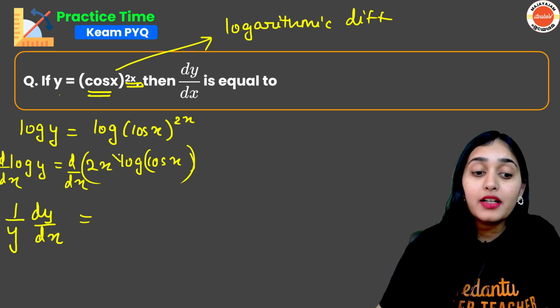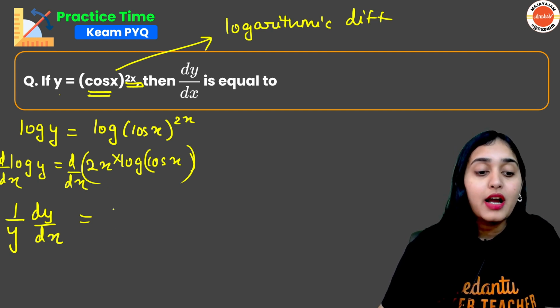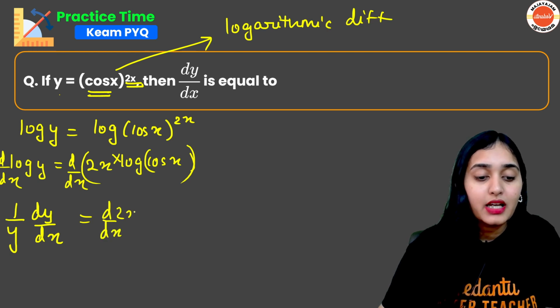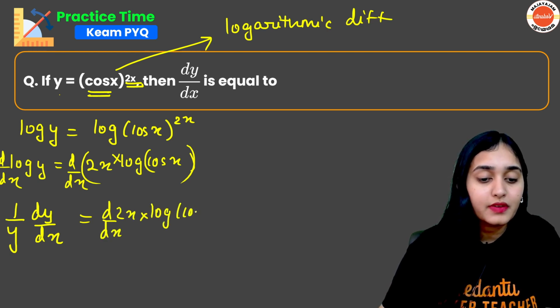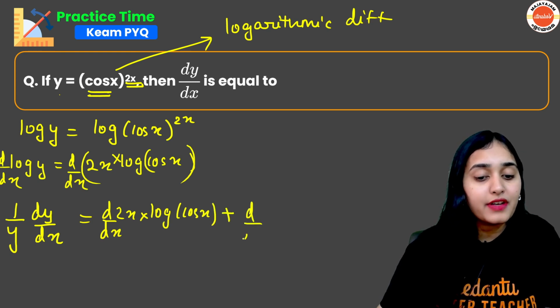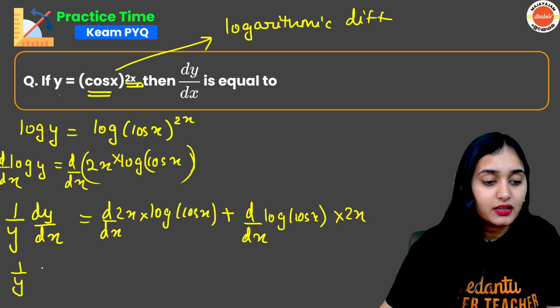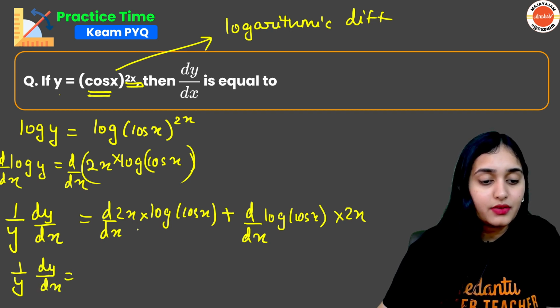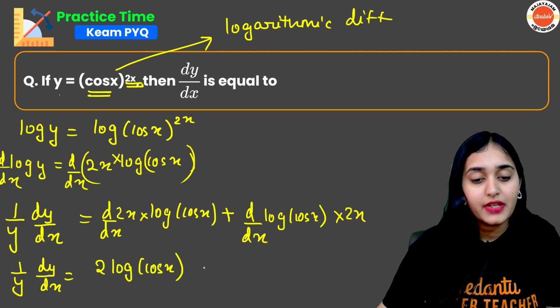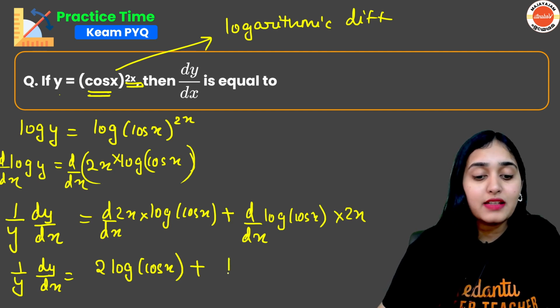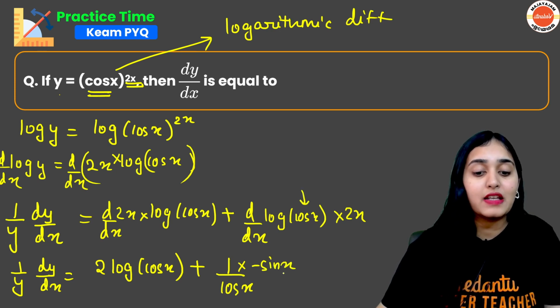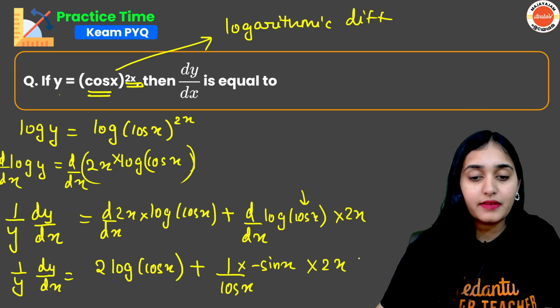Now this is the product rule. How do you apply the product rule? 2x differentiation multiplied with log cos x, plus log cos x differentiation multiplied with 2x. So you get 1 by y dy by dx is equal to 2x differentiation is 2 times of log cos x plus log cos x differentiation is 1 upon cos x into minus sin x, because cos x differentiation is minus sin x, into 2x.